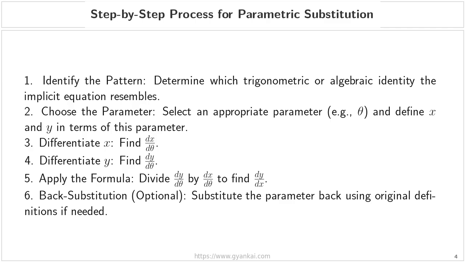Finally, you may perform back substitution. This step is optional and depends on the requirements of the problem. If you need your final answer in terms of the original variables rather than the parameter, you will substitute the parameter back using your initial definitions. To see how these 6 steps work in a practical scenario, let us move on to the next slide and look at an illustrative example involving planetary orbits.